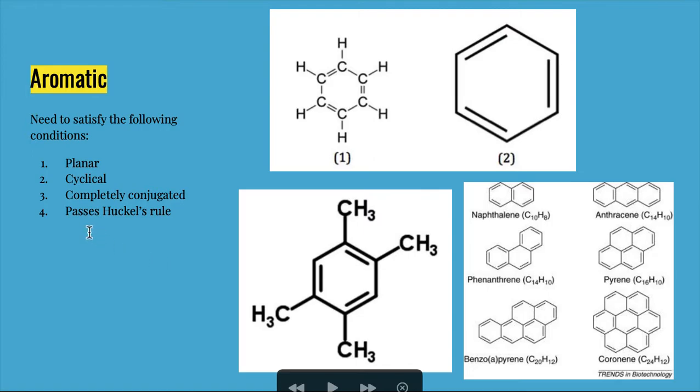And the fourth rule is that it passes Huckel's rule, which says that the compound has 4n plus 2 pi electrons, where n can be any sort of integer.